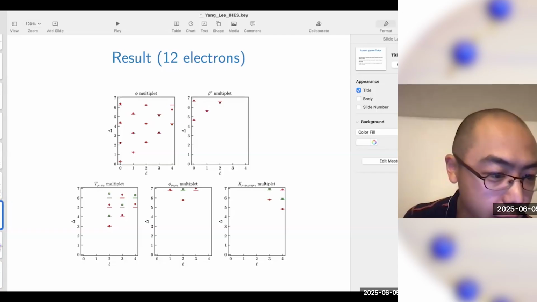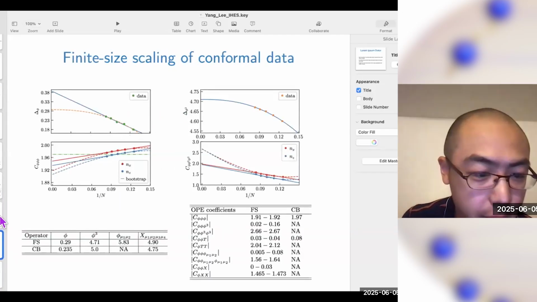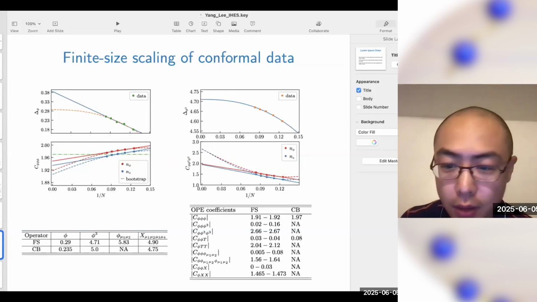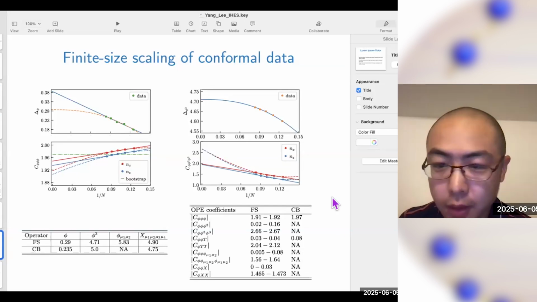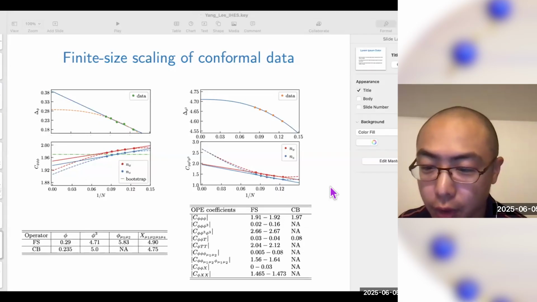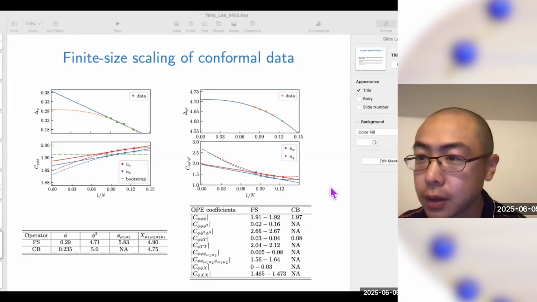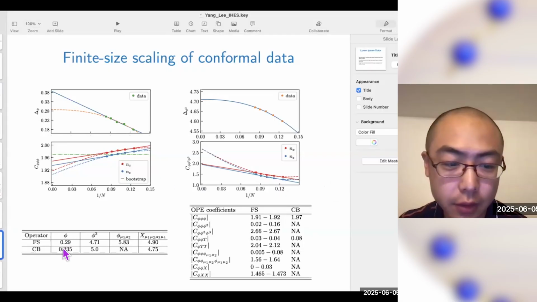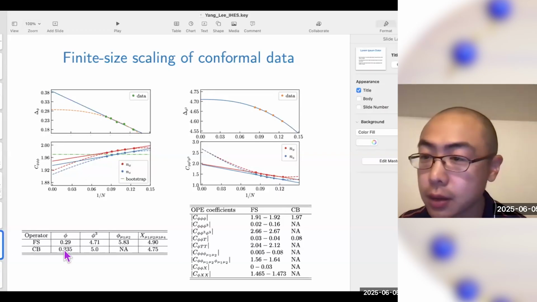Oh, yeah, I think I didn't put the result there. Let me recall. The epsilon expansion result is between 0.22 and 0.25, I think, for the single dimension of phi. You're asking about the phi, right?